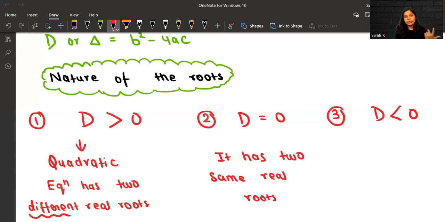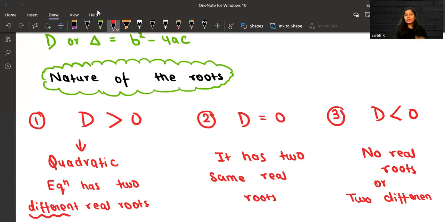Both are almost the same. Now, when the discriminant is negative, in this case, we can say there are no real roots. For right now, I'm just writing no real roots. Or in other words, we can say two different complex roots. When the roots are not real, they are also called complex.